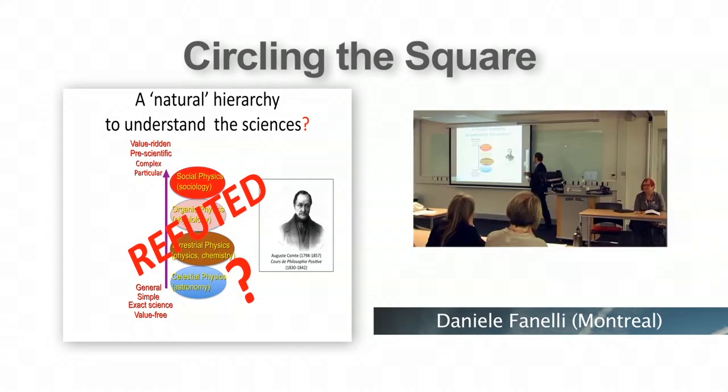And doing this, you would go through a series of characteristics, which are, on the one hand, of the phenomena studied. You go from very general to very particular phenomena, from very simple to very complex, but then it also becomes about what the science you're talking about looks like.